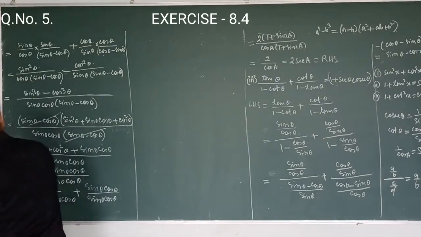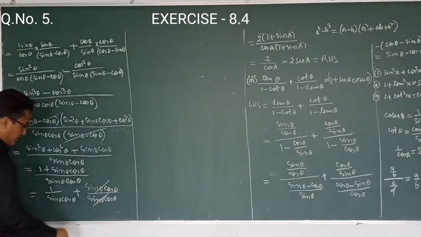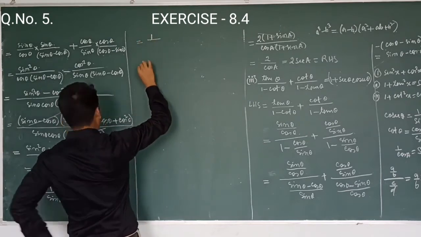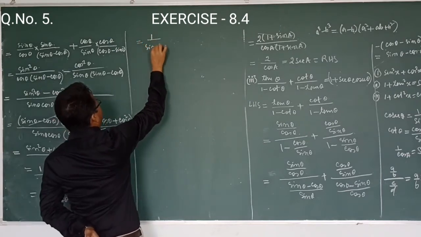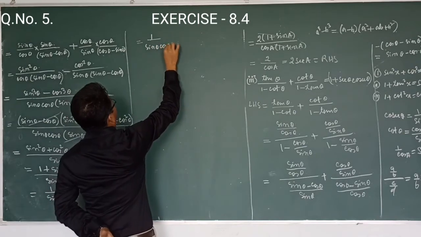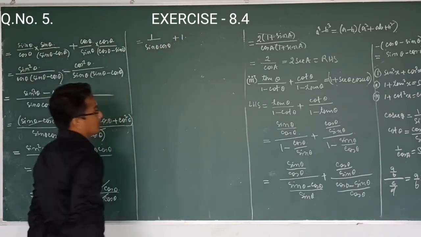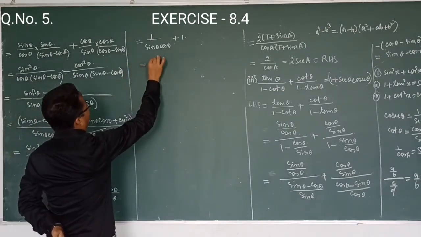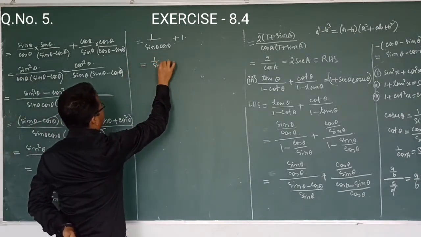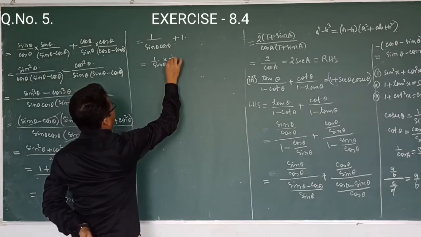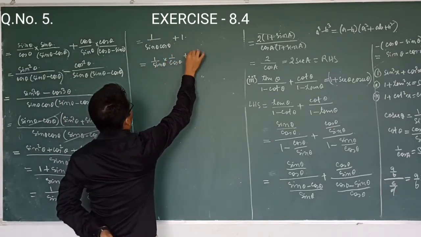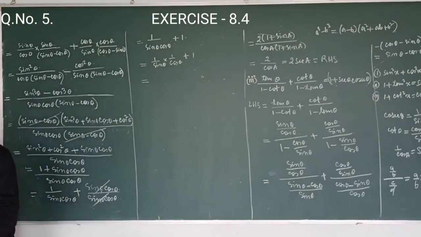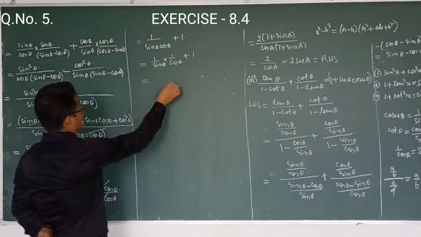After that, you see these two I am going to cancel. What remains is 1 by sin theta cos theta plus 1. So 1 by sin theta, into 1 by cos theta, plus 1. 1 by sin theta means cosec, 1 by cos means sec.